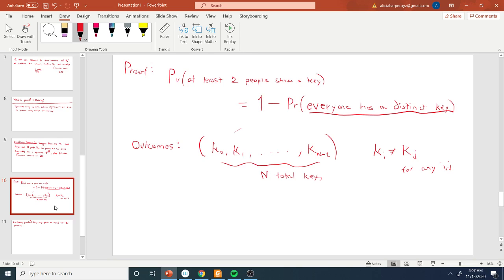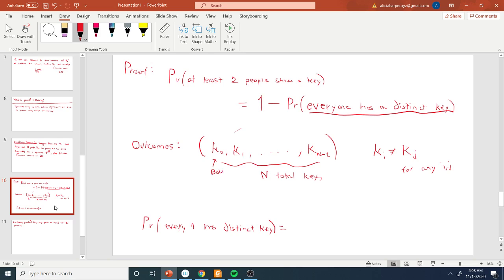So let's start by computing this probability. So first off, let's imagine that the person with the key 0 here is Bob.